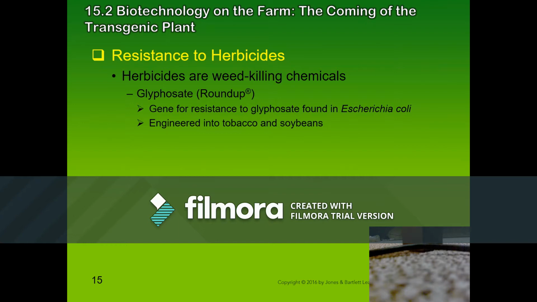Now, we can take the gene from E. coli and use it to introduce it into tobacco and soybeans to make the tobacco and the soybeans resistant to the Roundup.